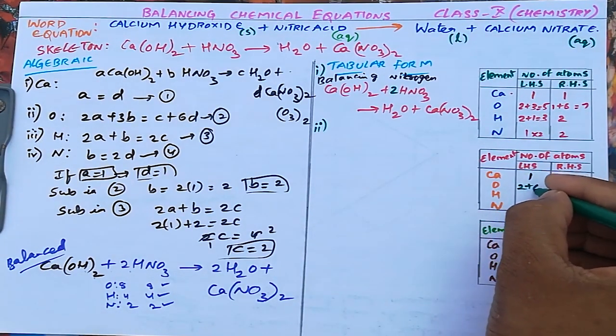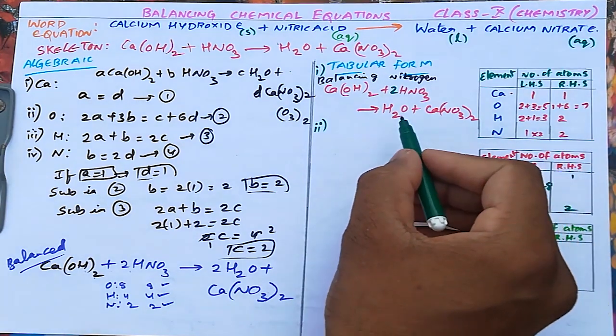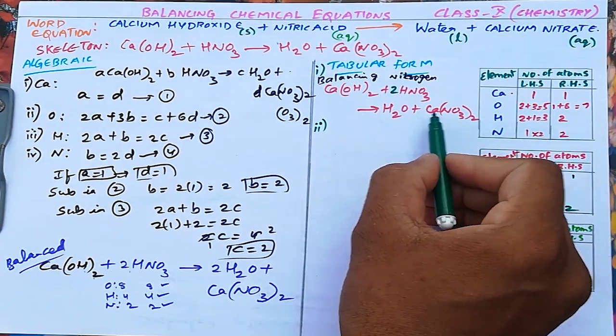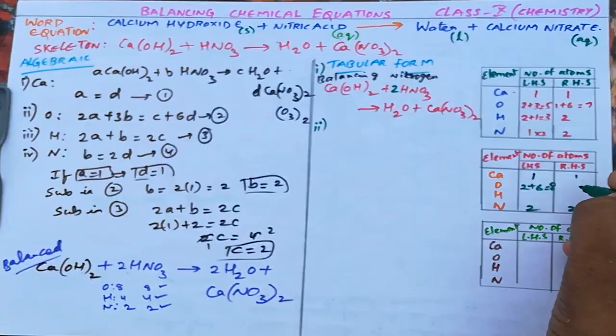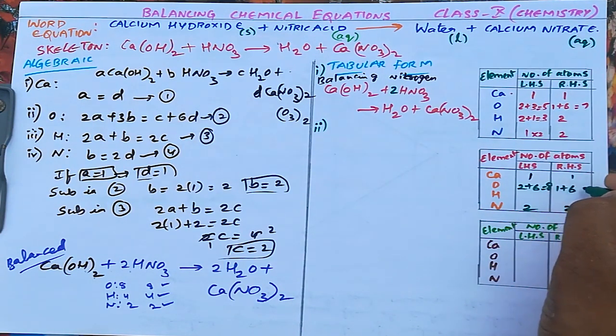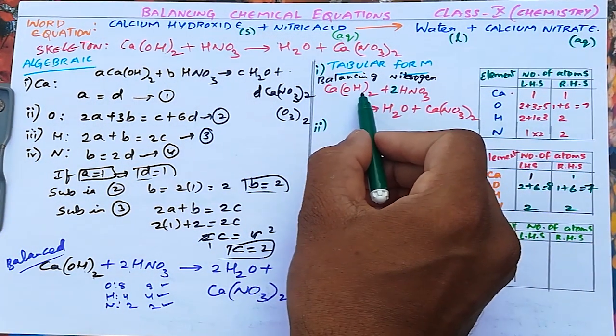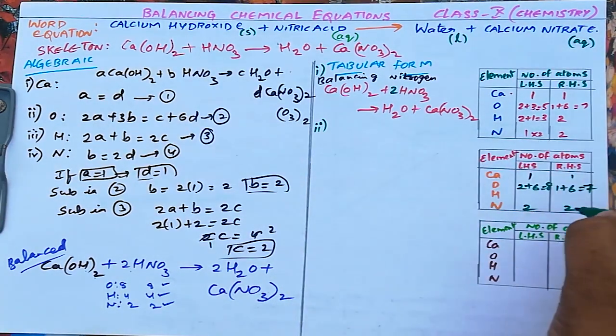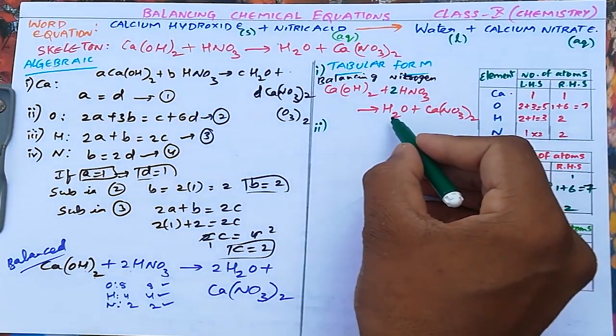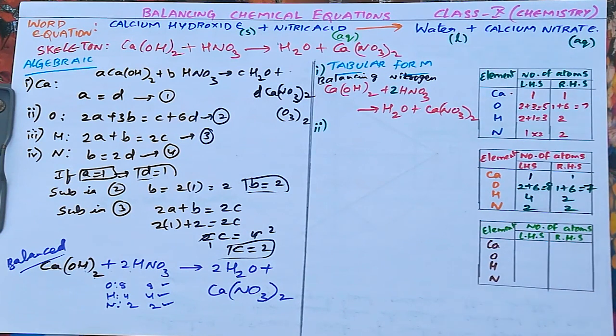So 2 plus 6, that is 8. Then in the RHS 1, here 3 twos are 6, so 1 plus 6, that is 7. Need to balance more oxygen, and hydrogen is here 2 plus 2, 4, and here hydrogen is only 2. So instead of balancing oxygen, if I balance this hydrogen, that means multiplying with 2, then this will become 4.